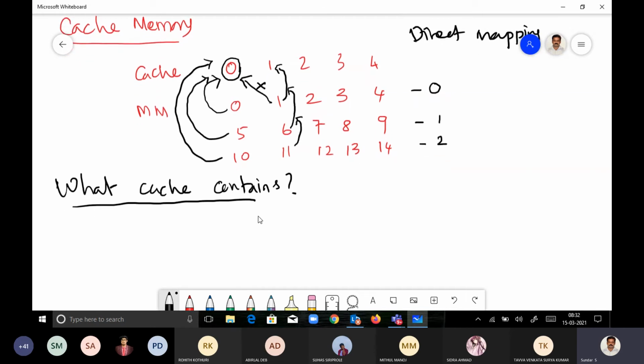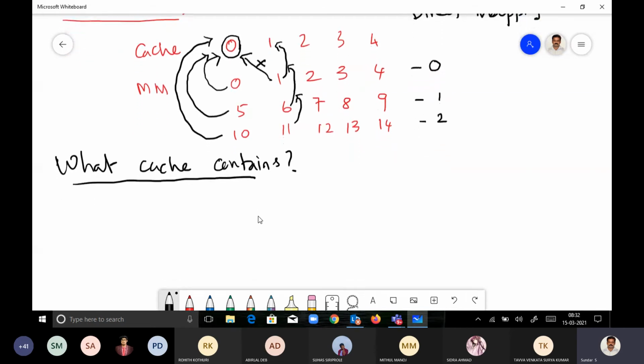The cache contains, I'll take one location of a cache. This is one location of a cache. Here it is divided into 3.